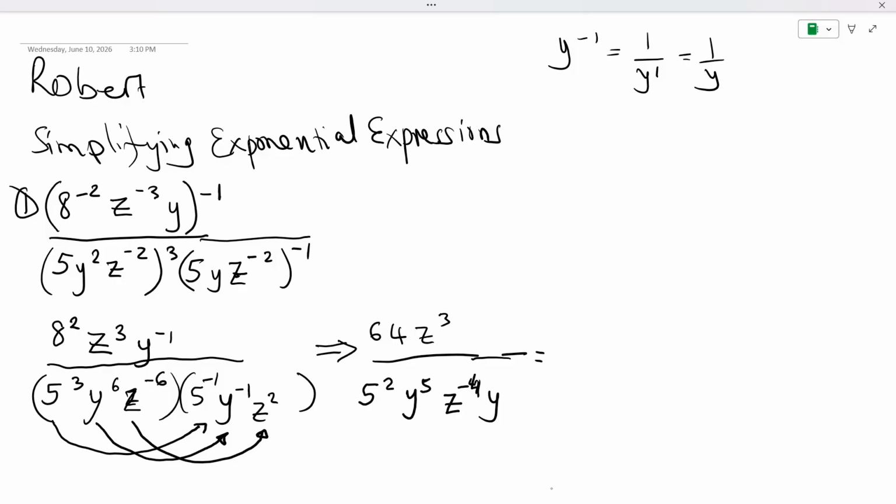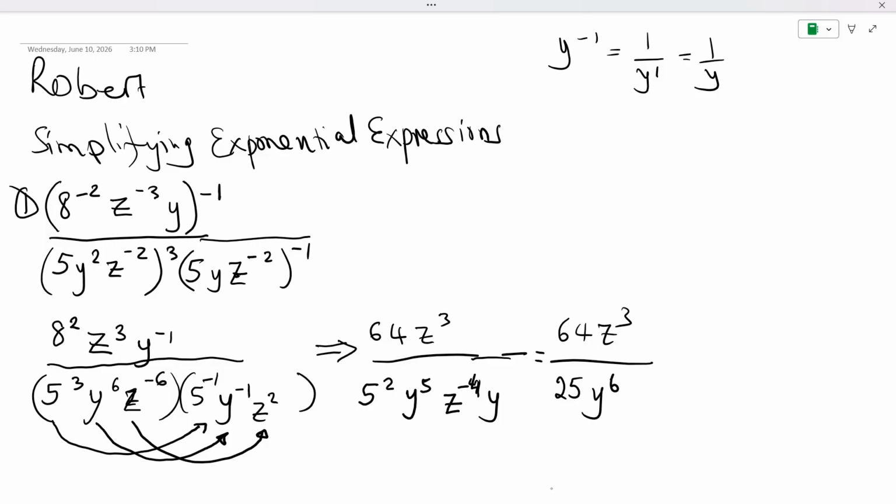We do that by making sure all our exponents are positive. So at the top we have 64 z to the power 3, and at the bottom we have 25 now. y to the power 5 times y to the power 1 will give us y to the power 6.